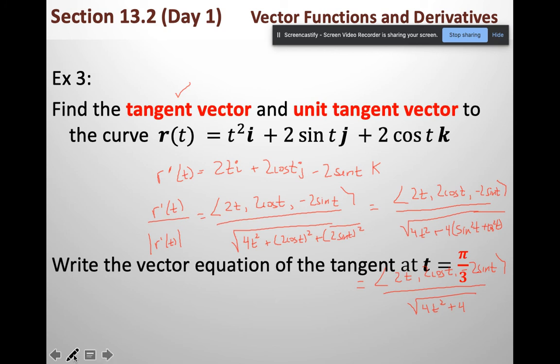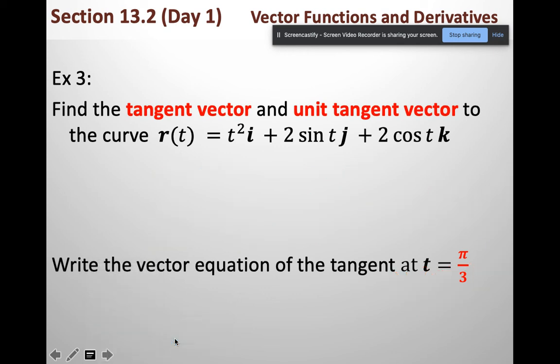What if I wanted you to write the vector equation of the tangent at a particular point? Let me erase this stuff to get it out of the way. What would you do there? Write the vector equation of the tangent at a particular point. What do you think I need to do?